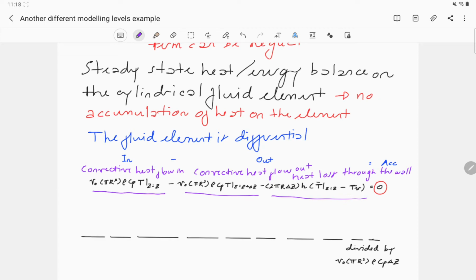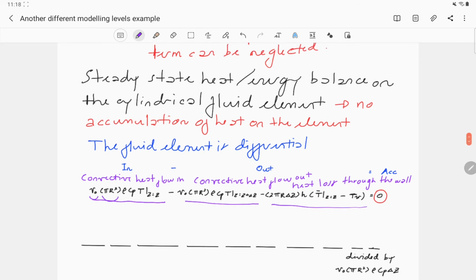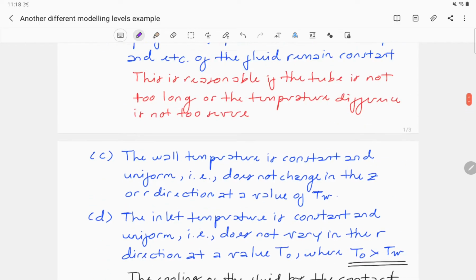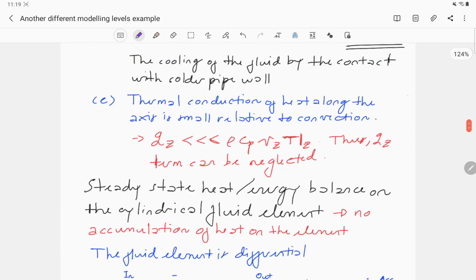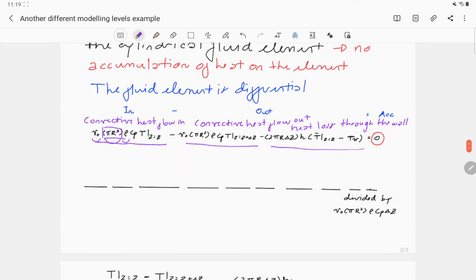So for the convective heat flow in, that will be the velocity multiplied by the surface area. So this pi R square in here basically refers to this particular surface in here. Okay, this particular surface is pi R square. So that's where the convective heat flow in applies, to this particular area in here. Then multiplied by the density, multiplied by the heat capacity, and then multiplied by the temperature.